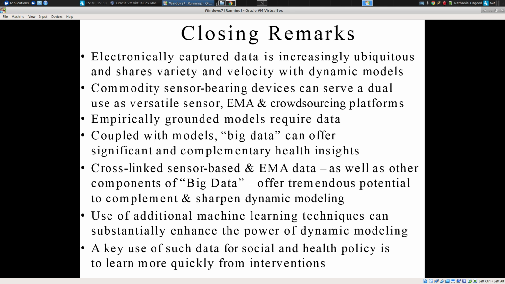Use of additional machine learning techniques can really substantially enhance the power of dynamic modeling. I'm a big believer in combining dynamic modeling with machine learning and AI techniques. CCM falls broadly in this category, but so does particle filtering, particle MCMC. And a key use of data for social and health policy, in my view, is to learn more quickly from interventions.